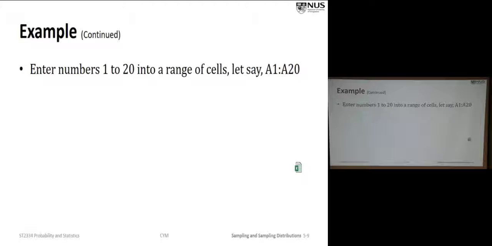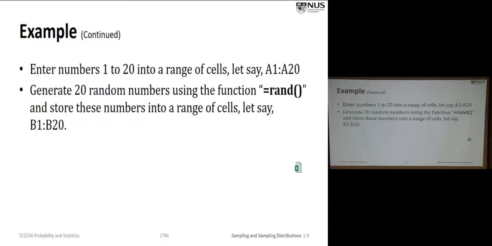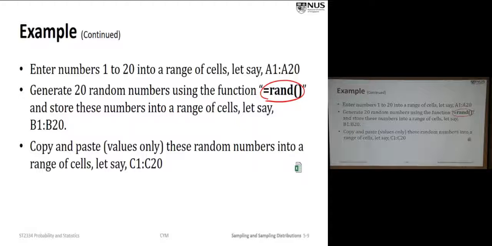So here, I enter the numbers 1 to 20 in the cells A1 to A20. Then I generate 20 random numbers and put them in B1 up to B20.